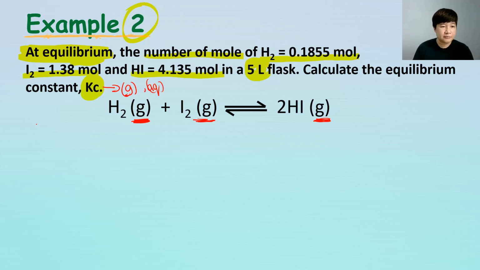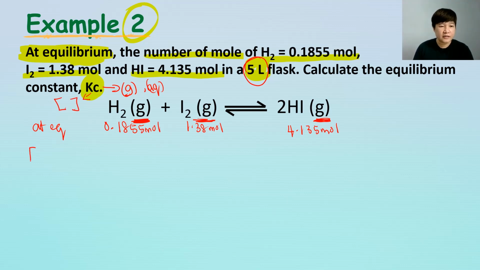But at equilibrium over here, they give you in the form of number of mole: 0.1855 mole for H2, I2 is 1.38 mole, and your HI is 4.135 mole. The volume given is 5 liter. The question is asking for Kc. Kc means that you need concentration.